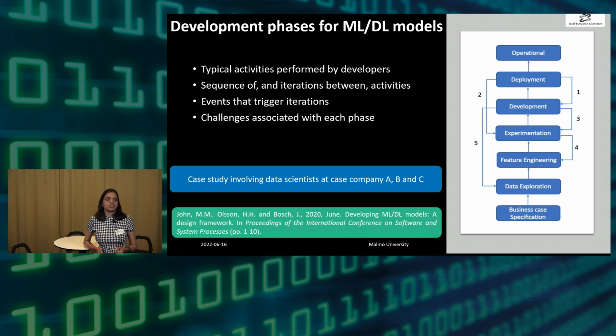And we also studied different challenges associated with this phase and some events, so that if you have some kind of problem, you can trigger from one particular phase to another.